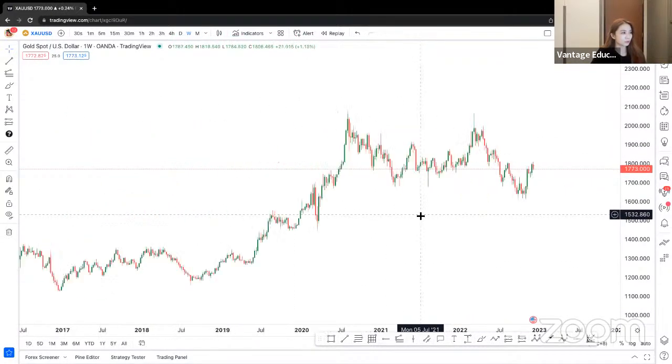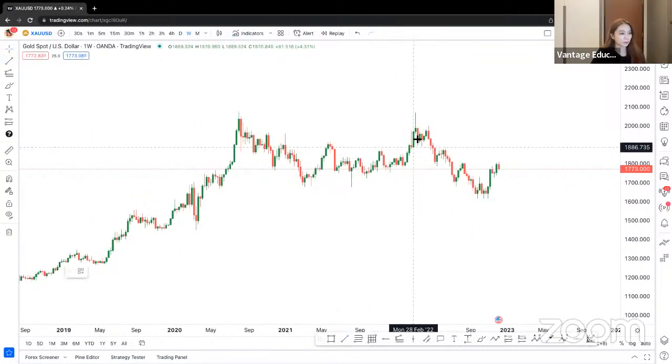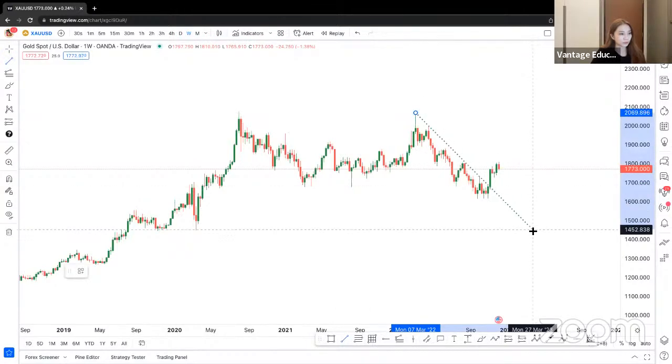Nothing much to see for the weekly chart apart from this downward moving trend previously.